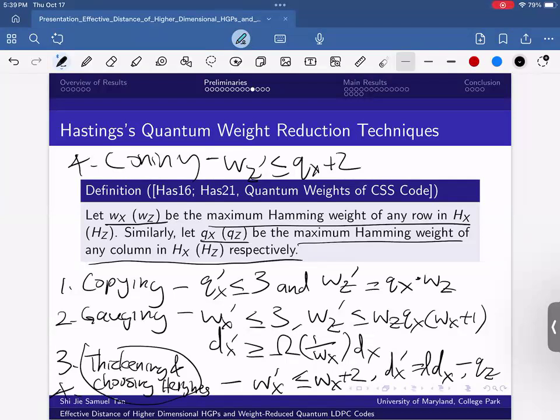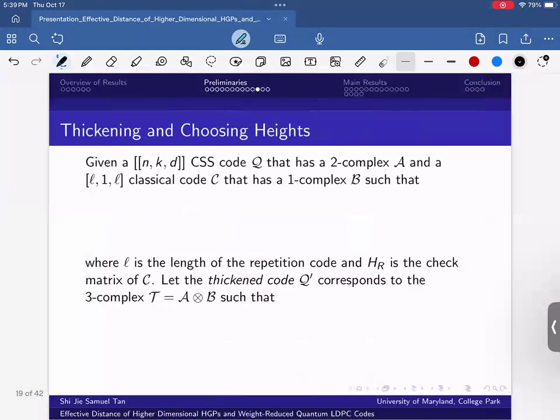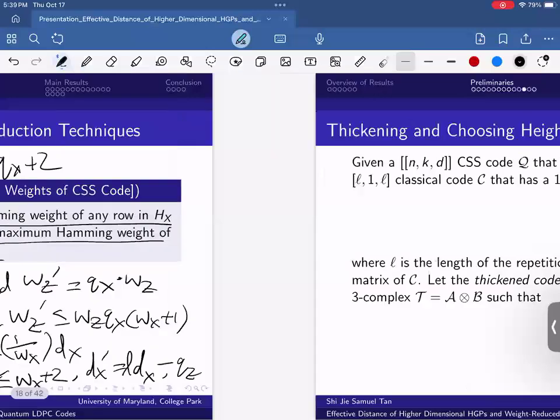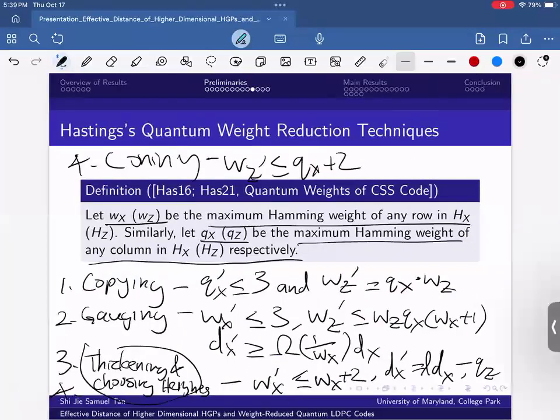But yeah, this is just a bunch of techniques that he came up with, and they're all pretty interesting. Samuel, I have a question about the techniques. Sure. So all these 4 techniques, do they change the code length and the code dimension? It doesn't change the number of logical qubits.